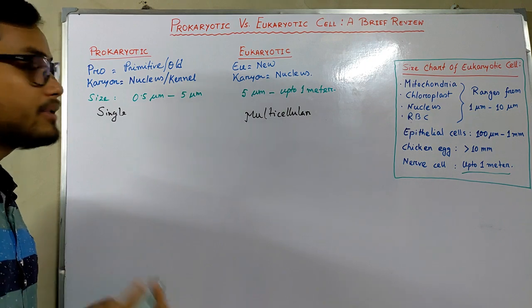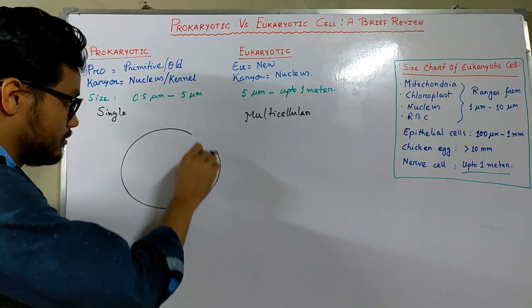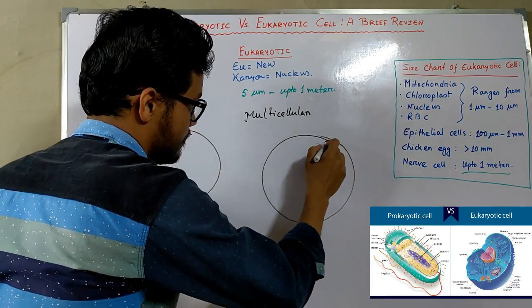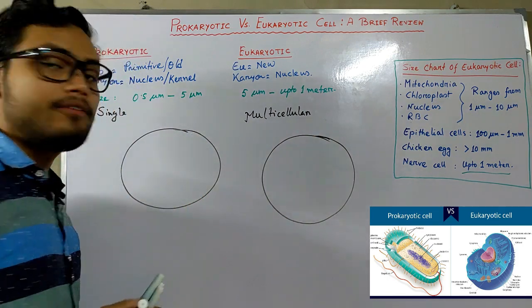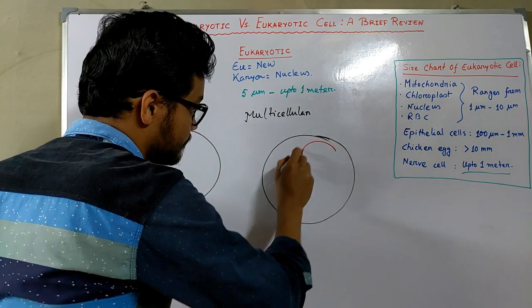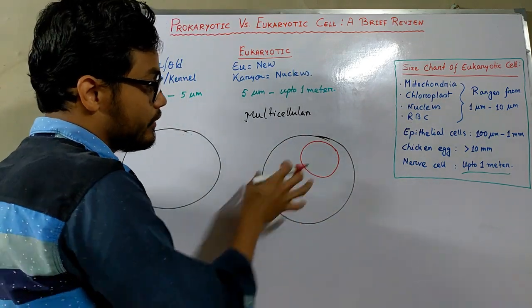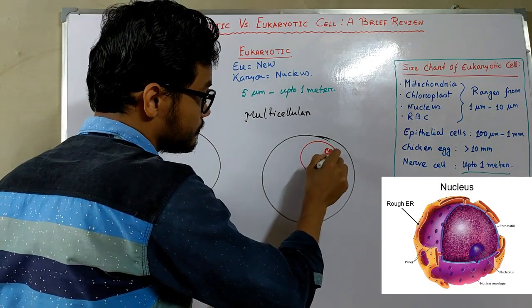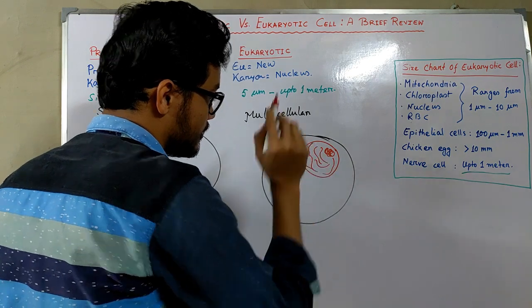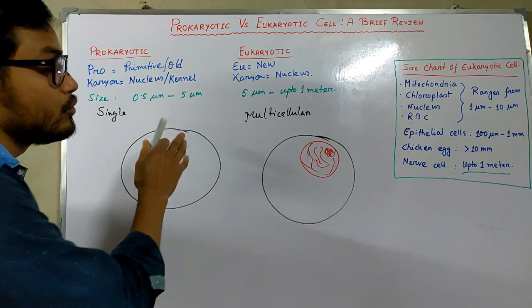So if we draw an image of a prokaryotic and eukaryotic cell, it would look like that. The major difference between those two kinds of cells is their nucleus. In a eukaryotic cell, we clearly find a nucleus, but in a prokaryotic cell, there is no nucleus.